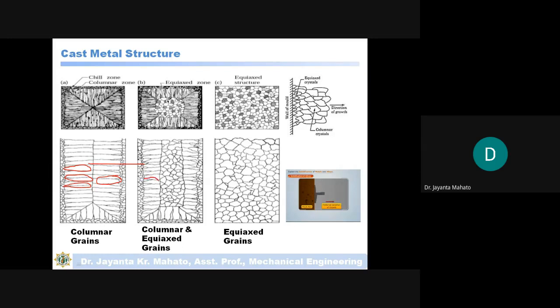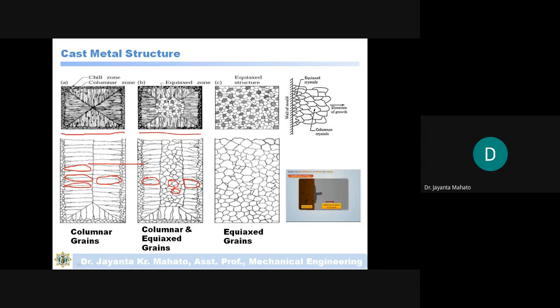Means there are both columnar grains as well as the equiaxed type of grains. These are the equiaxed type of grain structure. So this type of cast structure you can get.